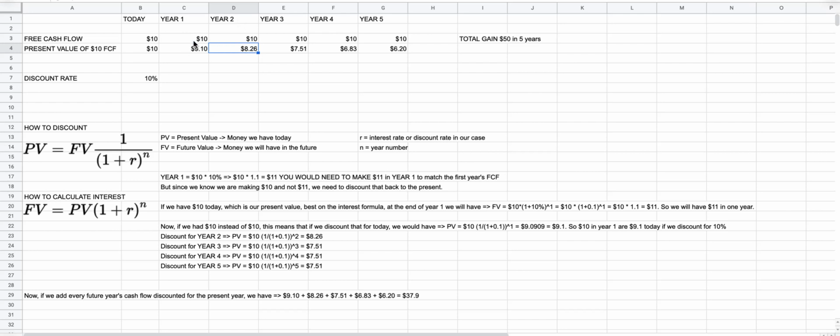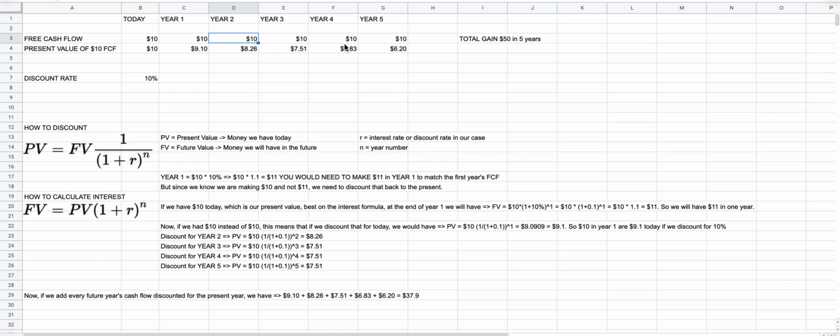Remember, that's because 10% is applied for 2 years now. So it's compounding, inversely compounding. It's not the same as interest, but it's the same concept. We'll have to do the inverse calculation. Year 3, 7.51. And I haven't updated this one this year, it's my bad.